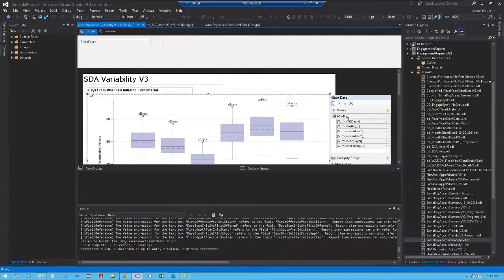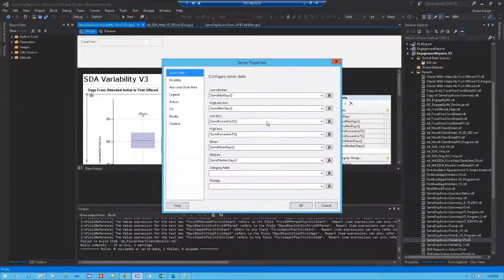For this demonstration, I'm just using SQL Reporting Services, and you can see I'm here in Visual Studio, which has a nice way to build these. It has a built-in visualization, and I can pick my min, my max, the high whisker, the low whisker, the low box, the high box, the mean, the median, and the category.